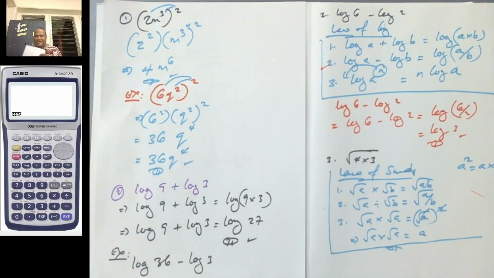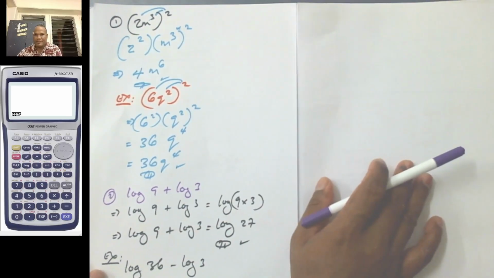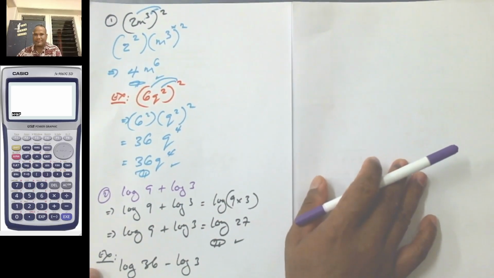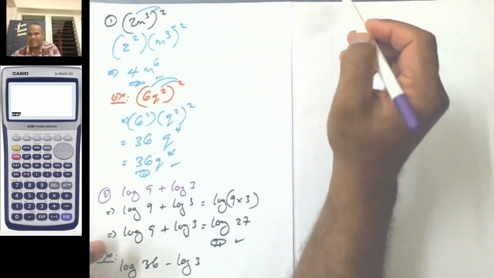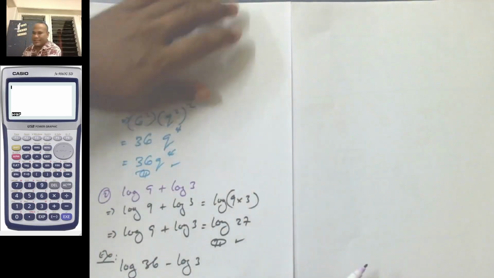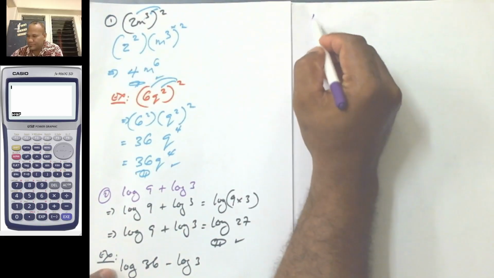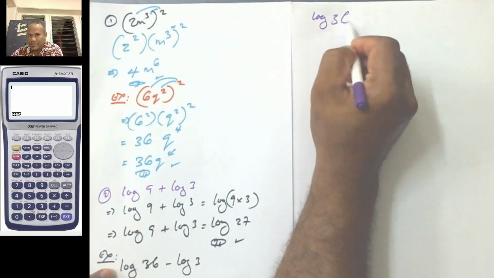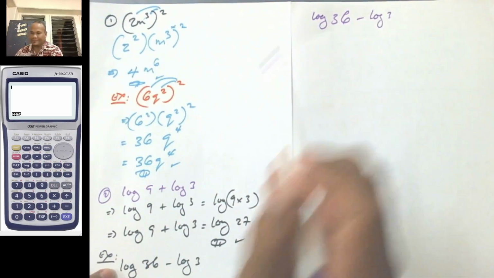Okay, let's try and solve it. I'll cover this here so that we can solve it together. So this is log 36 minus log 3.